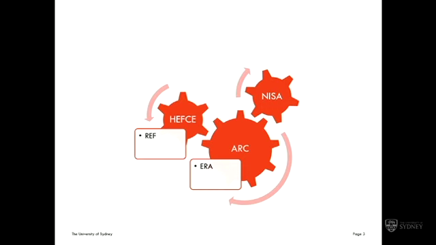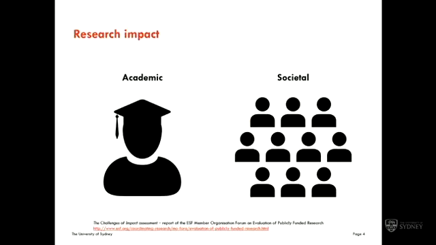And REF stands for Research Evaluation Framework, which is the evaluation exercise that occurred in the UK and was the first national evaluation exercise to include research impact outside of academia.